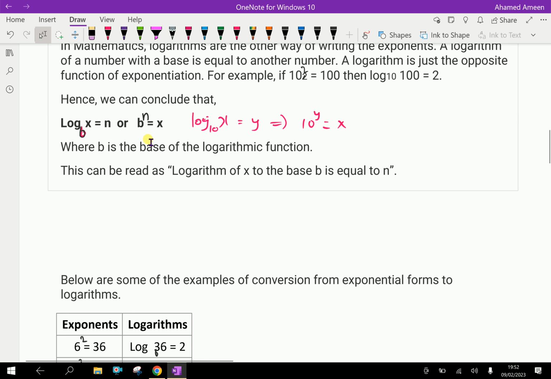Now look at some examples of conversion from exponential forms to logarithms. We know that 6 squared equals 36. To make it a log, it is log of 36 base 6 equals 2.